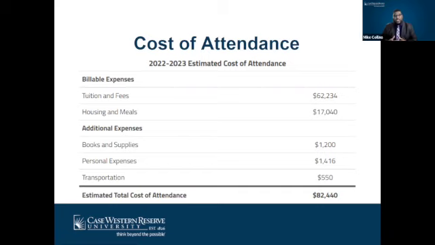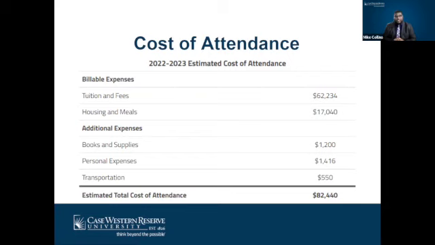What's listed there is where most students will be in terms of a typical double, and also what the costs are for those students. And again, you'll see that information on the bill. It'll really be half and half. So half of it will show up for the fall semester, the other half for the spring semester, but all of that information will be there, so that you can really plan and budget.